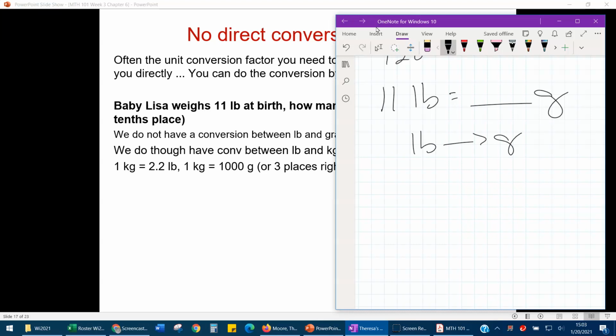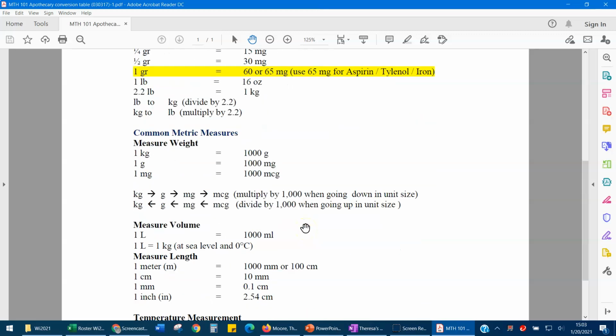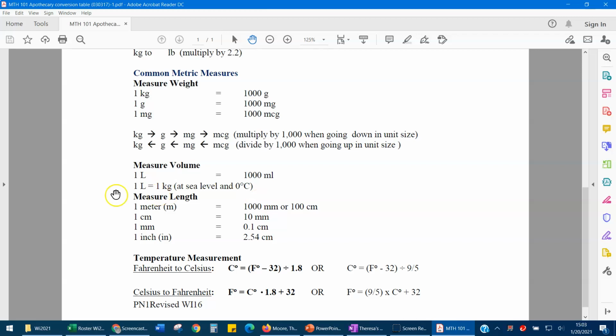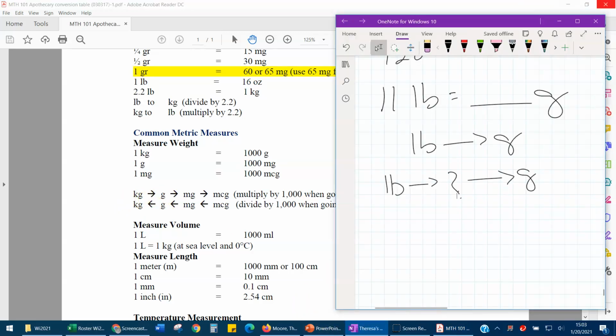Is there anything I can convert to that I could then convert to grams? Well, if we look on our handy dandy conversion sheet, I can go from pounds to kilograms. And my metric conversions, if you remember your table, you can go from kilogram to gram. So you can think of it as a double conversion.